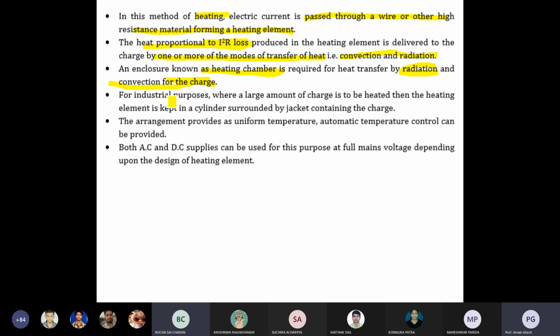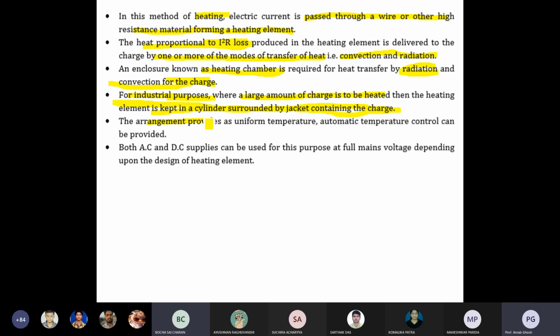For industrial purposes, where a large amount of charge is to be heated, the heating element is kept in a cylinder surrounded by a jacket containing the charge. The outer surrounding jacket helps prevent the heat energy from dissipating from the internal source to the external surroundings.